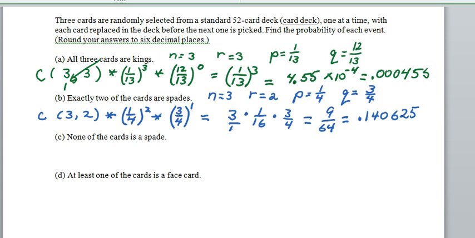None of the cards are spades. So this time our n is 3. It is for this whole problem. The r would be 0. p is a quarter. And q is 3/4 again.